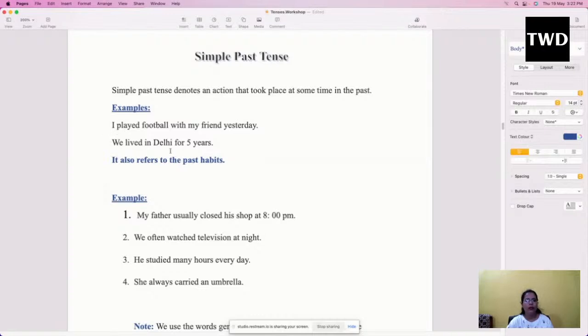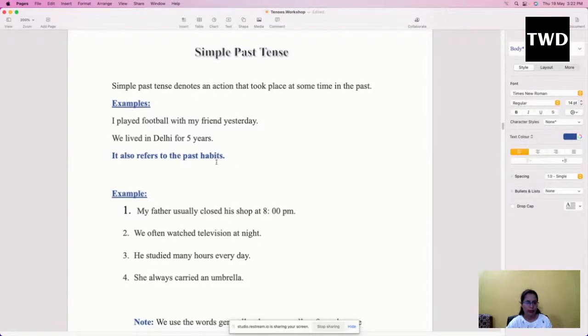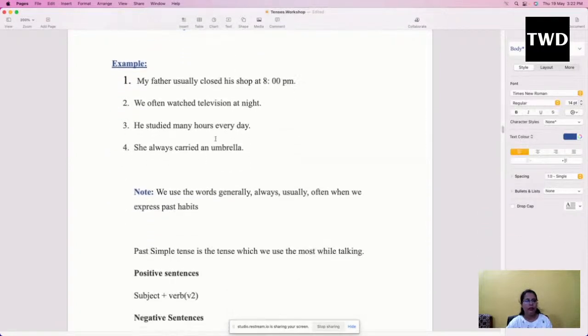We lived in Delhi for 5 years. It also refers to past habits, some habits which we had in the past but now we don't have. For example, my father usually closed his shop at 8 p.m. So earlier we had a shop and my father used to close that shop at 8 p.m.